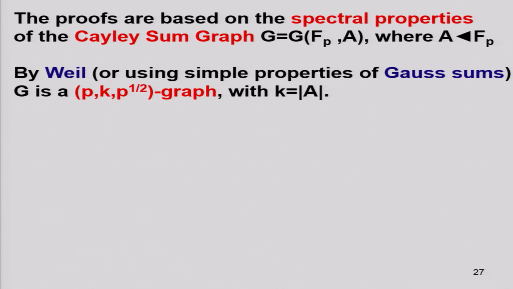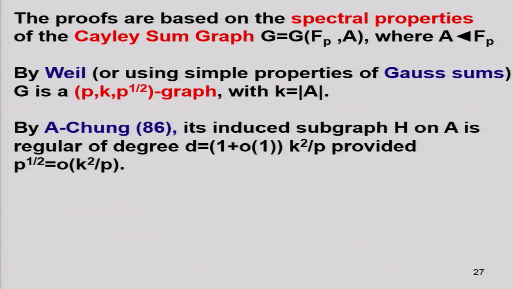It's regular of degree k, that's just the cardinality of A. So the only thing that needs some explanation here is that lambda is at most p^{1/2}, and this basically follows from Weil, for example. Okay, so if p^{1/2} is significantly smaller than k, then this graph looks like a random graph.